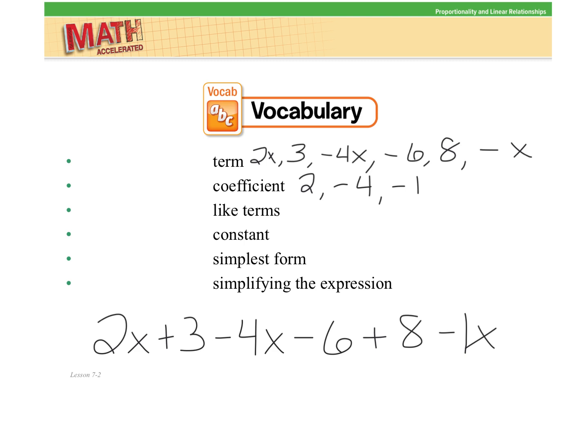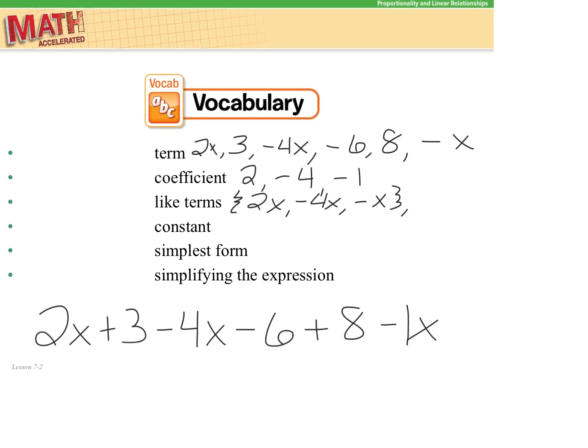Next one is like terms. What are like terms? What does that mean? There's multiple and you can end up combining them, right? So what is one set of like terms? The x's, right? So we have 2x. What's another x? Negative 4x. What else? Negative x, right?